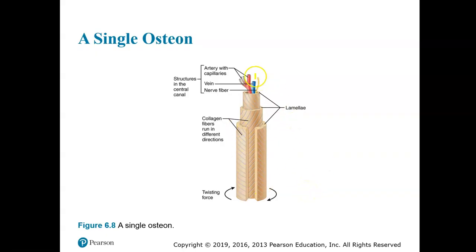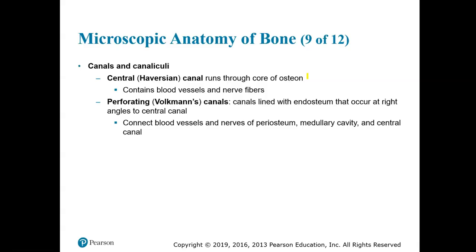But anyway, on the inside there is a canal that runs through the osteon, where the blood vessels and the nerves would be. It's called the central canal. So your central or Haversian canal runs through the core of the osteon, and it contains blood vessels and nerve fibers.